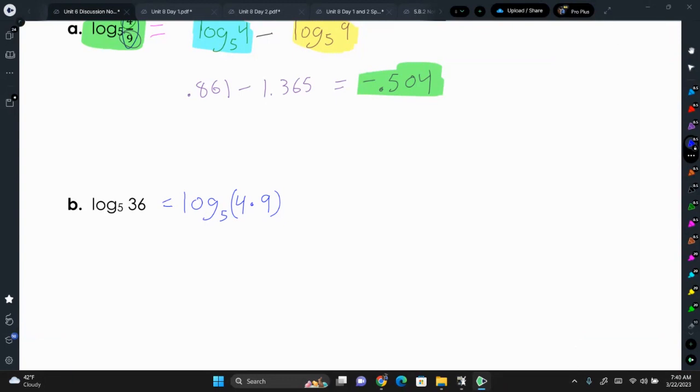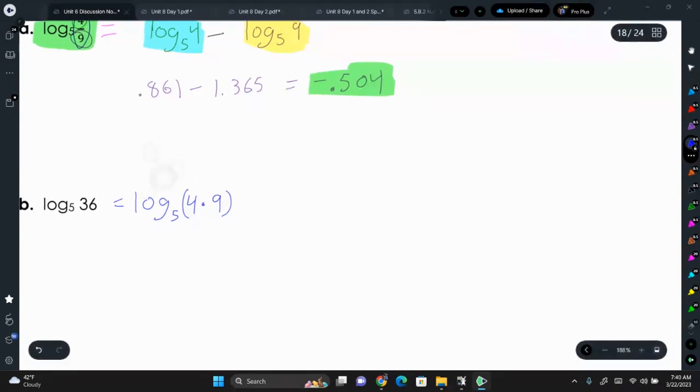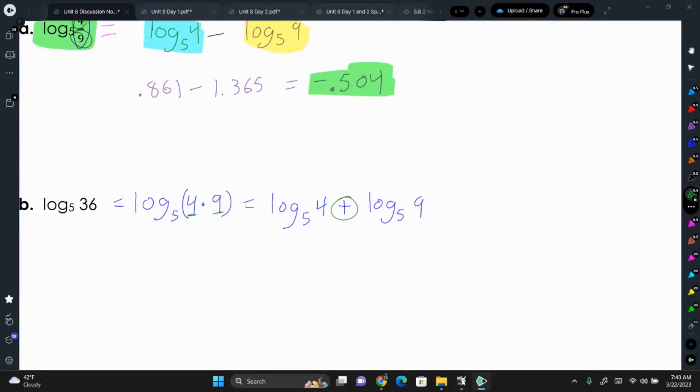Our properties of logs say that if we are multiplying, we can rewrite this as addition. So this is equal to log base 5 of 4 plus log base 5 of 9. Now, back here, it didn't matter if I did 4 times 9 or 9 times 4 because we are adding. And with addition, it doesn't matter which order we do it in.